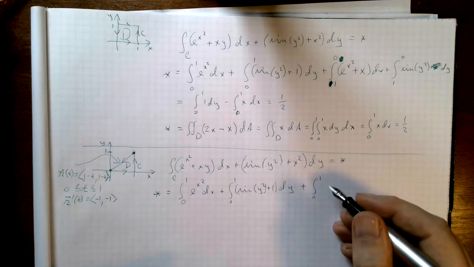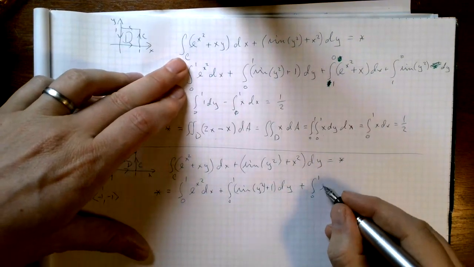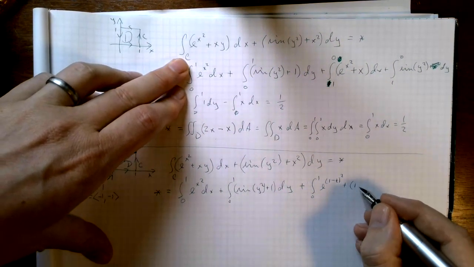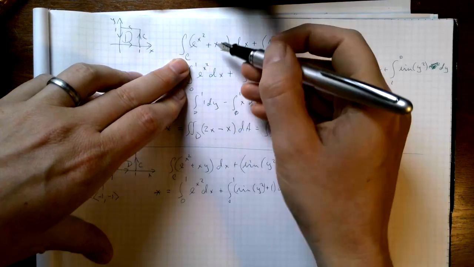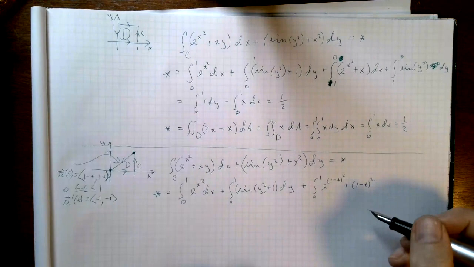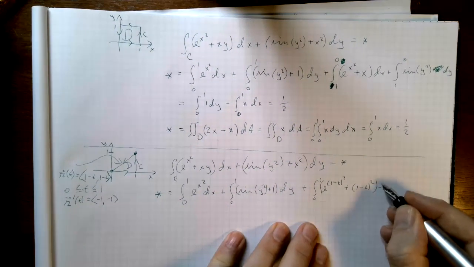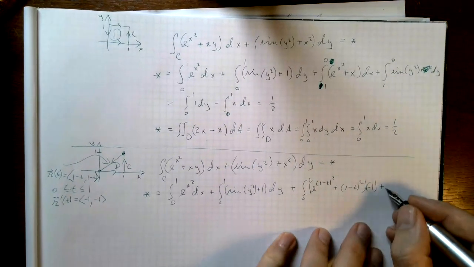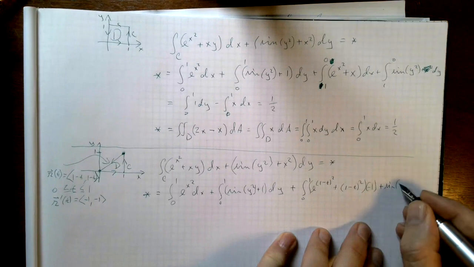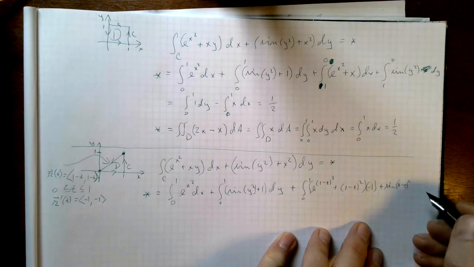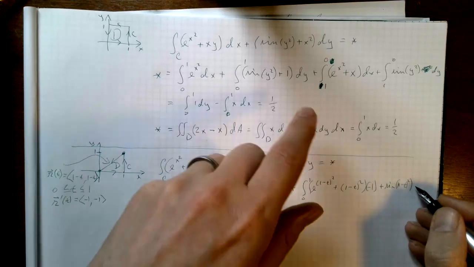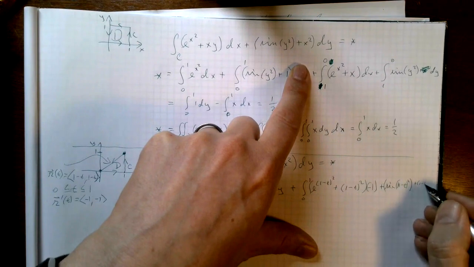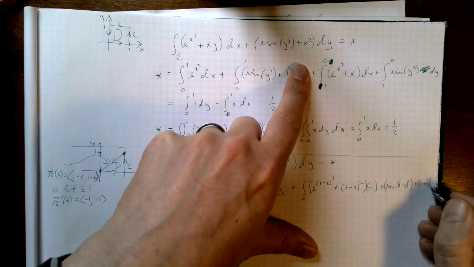So let's write this down. I have e to the (1 minus t) squared plus (1 minus t) times (1 minus t), so (1 minus t) squared, times this whole thing times minus 1, from the dx, plus sine of (1 minus t) squared plus (1 minus t) squared, the whole thing again times minus 1, dt, right?